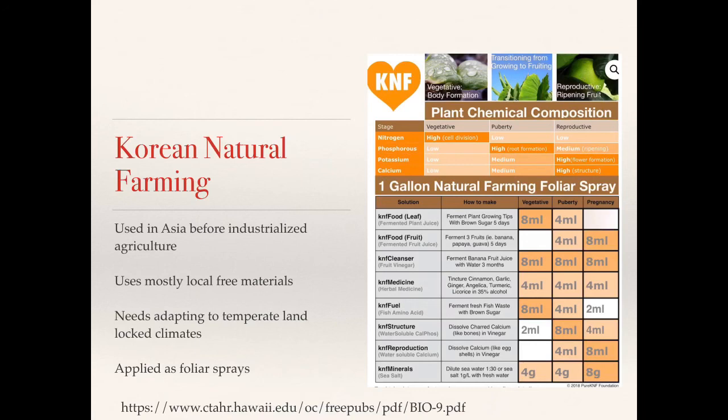Asia has a very long history of agriculture and sustainable agriculture. Actually, the organic agriculture movement was really born out of observations from traditional Chinese farming practices. Before they industrialized agriculture, this is a big way that farms in Asia met their fertility needs.